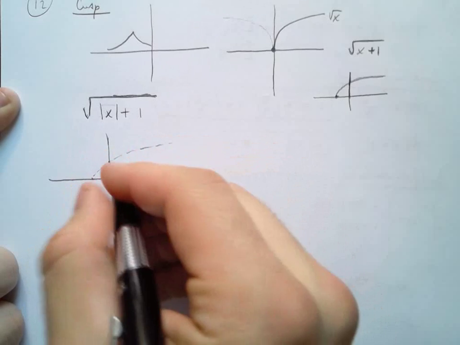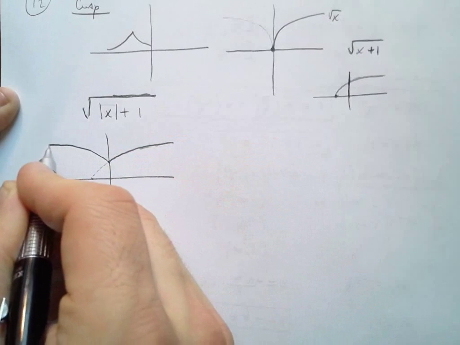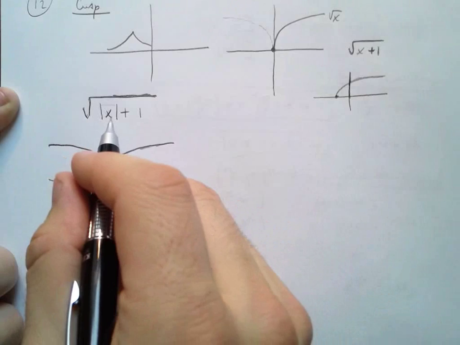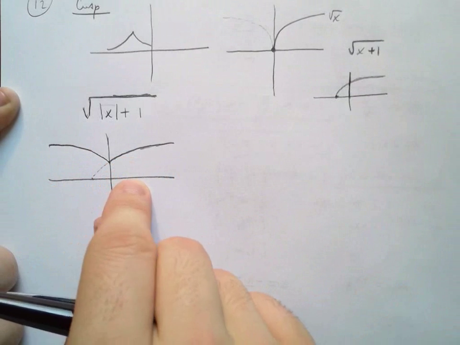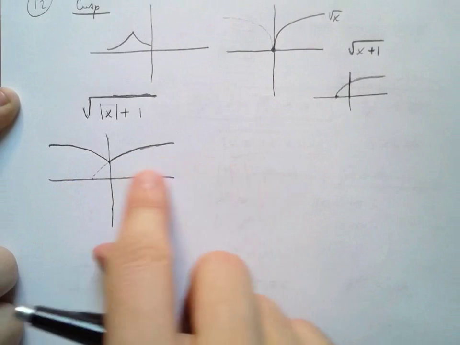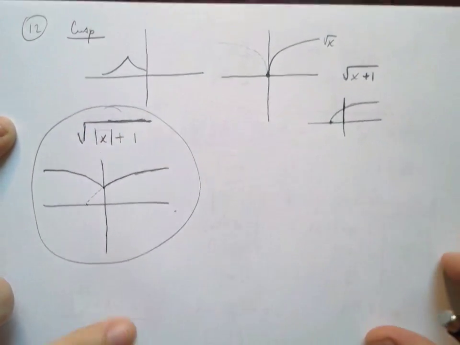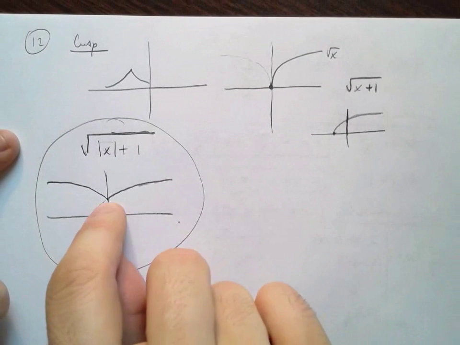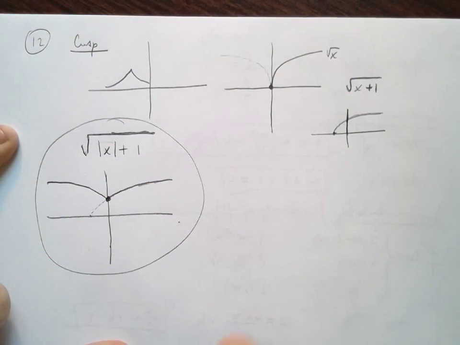So for the square root of x plus 1, I only take this portion, but it's going to be symmetric about the y-axis because of this absolute value sign, right? So whatever positive value for x I plug in, I get the same result when I plug in the negative value. So this here is one example of a function that has a cusp and it fails to be differentiable at that sharp corner over there.